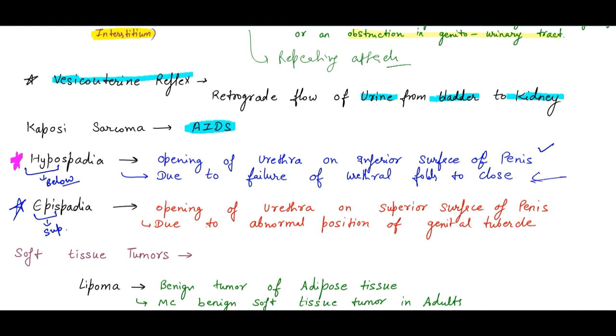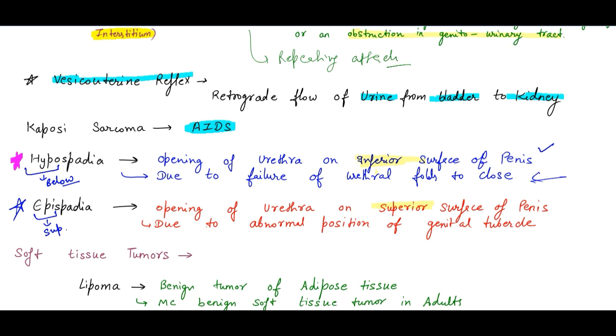Remember this if you want. Epispadias is the opening of the urethra on the superior surface of the penis. So if the superior surface is affected, that will be epispadias. If the inferior surface is affected, that will be hypospadias. Did you understand? Yes. Okay, thank you.